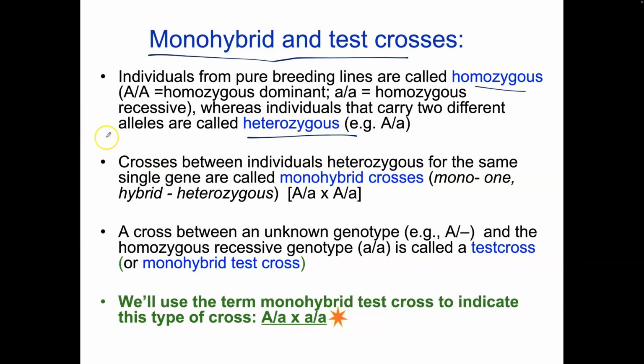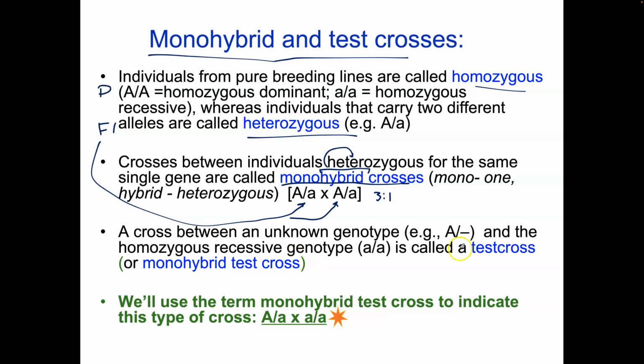If this was your P generation, your homozygous ones, and your F1 are the heterozygous ones, then if you cross the heterozygous individuals to each other or allow them to self-pollinate, as we can do with plants, this is referred to as a monohybrid cross. The word hybrid here basically means the same as heterozygous, and mono means one gene. So this is crossing individuals that are heterozygous for a single gene, and this is the kind of cross that will give you that 3-to-1 ratio.